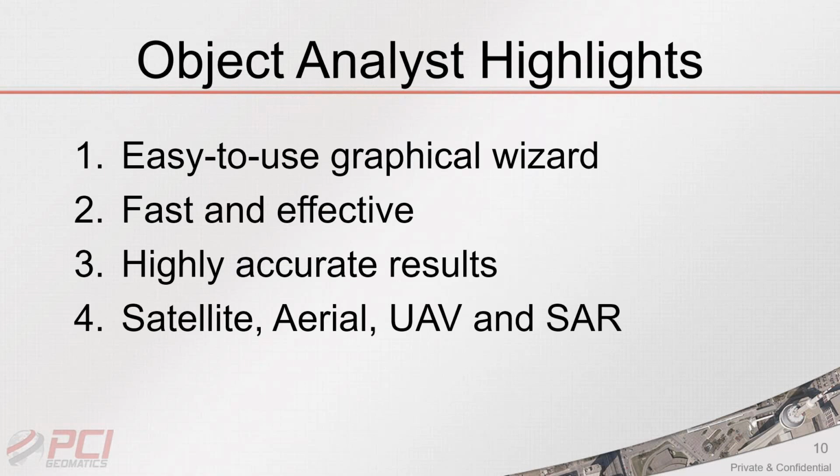This is in thanks, in part, to our wizard interface to guide you through each of the steps in the process. In addition, we have dynamic rule-based classification that produces highly accurate results, and this is suitable for a variety of image types as well as ancillary data like elevation values and image analysis and indices.